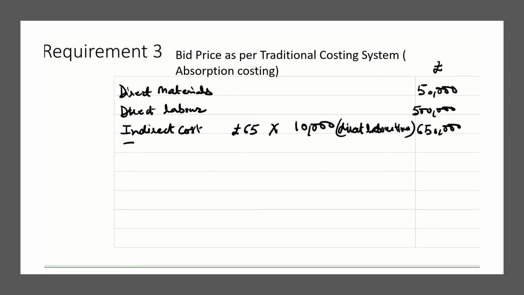The total cost of the order, taking direct material, direct labor, and indirect cost together, is 1,200,000 pounds. So let's find out the cost per unit.